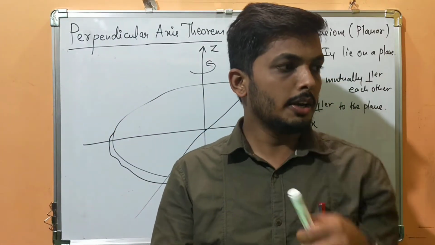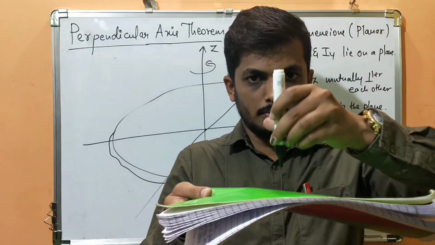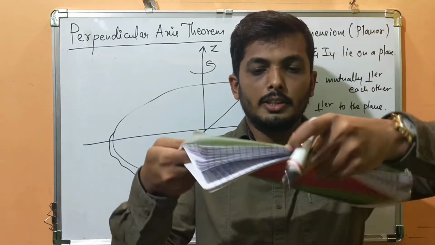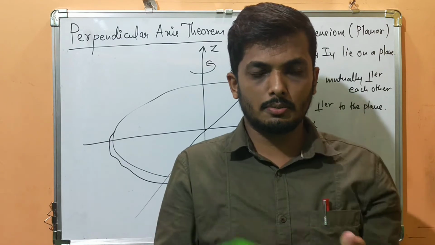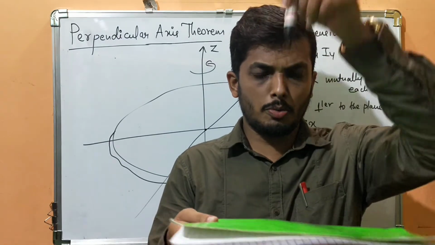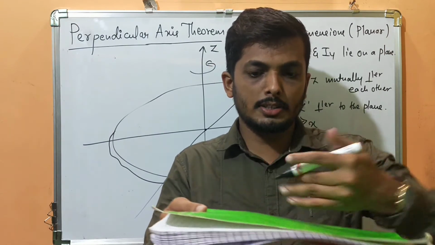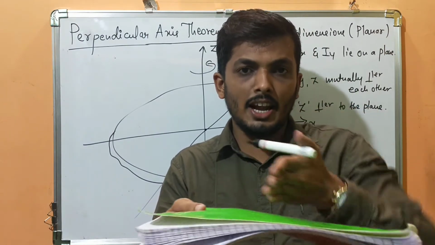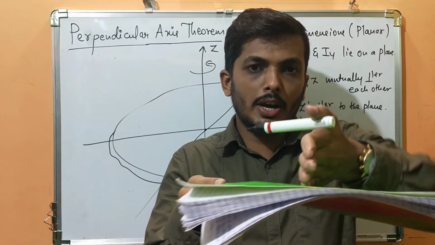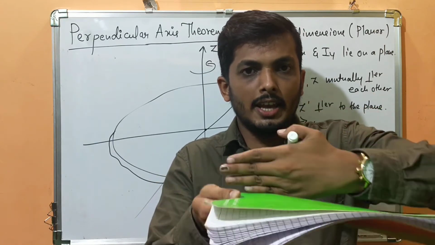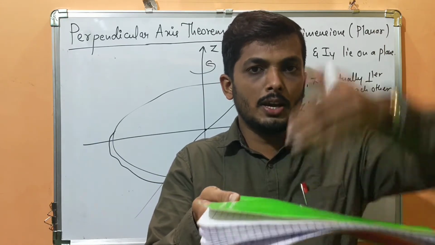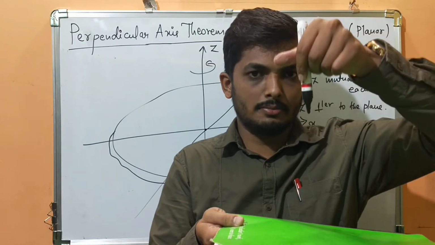If this book is moving in this direction and I want to find the moment of inertia about the z axis, I take two mutually perpendicular axes on the plane itself, x and y. If x is in this direction, y is in this direction. So if I take Ix plus Iy, that will give me the value of Iz.